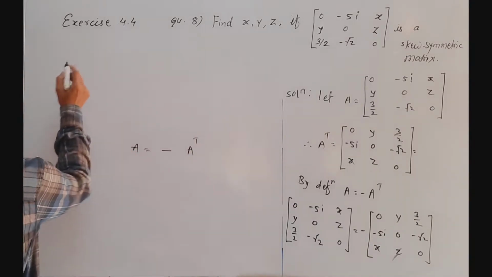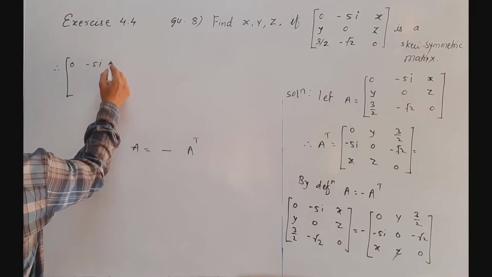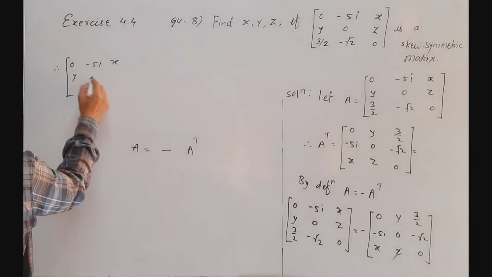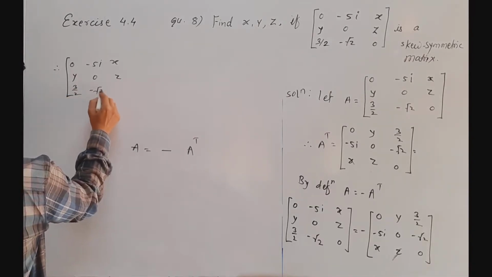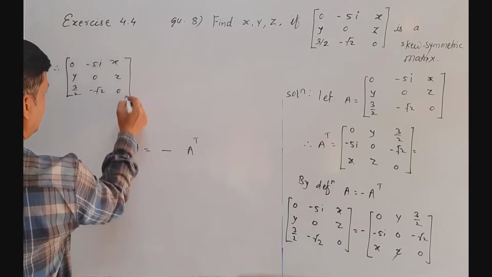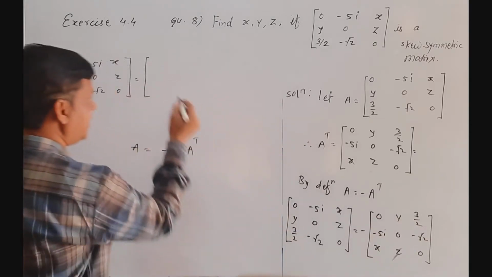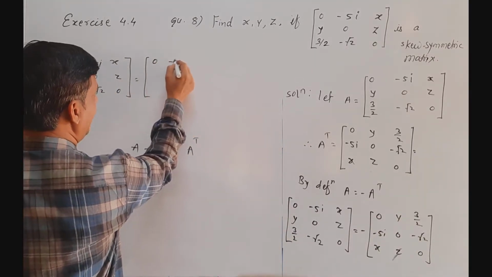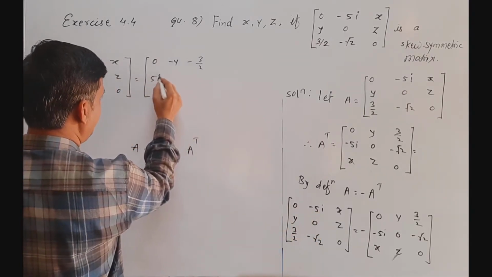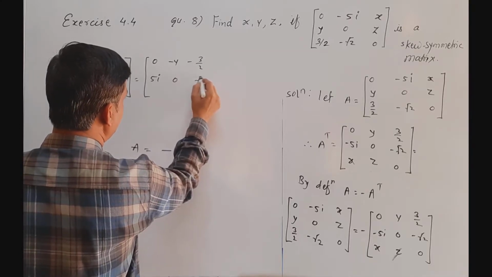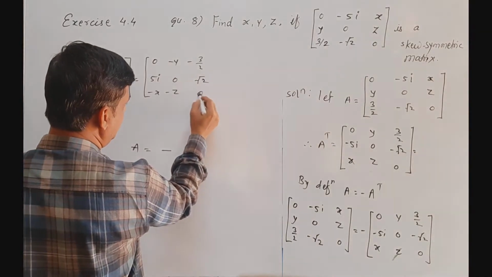Therefore in the left hand side we get 0, minus 5y, x, then y, 0, z, then 3 by 2, minus root 2, 0, is equals to, after multiplying by the minus sign, the elements of the first row 0, minus y, minus 3 by 2, then plus 5y, 0, plus root 2, then minus x, minus z, 0.